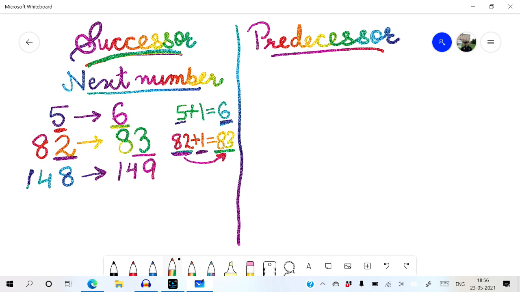Look at this, 148 and 149. Here also only the ones place digit has increased by 1. 8 plus 1 is 9 and 148 plus 1 is 149.